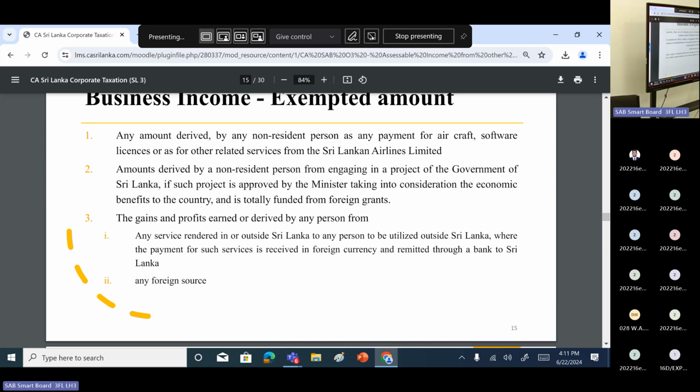Consumed, utilized outside Sri Lanka. Where the payment for such services shall be received in foreign currency. The money should be coming to Sri Lanka in foreign currency, and it should be coming through a bank. If that is the case, that particular income is exempt from tax.